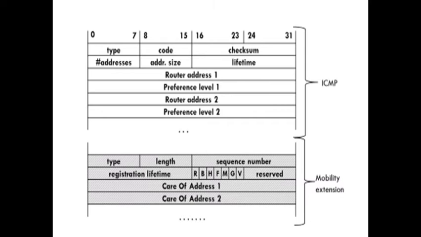In this mobility extension, again we will have some fields like type, length, sequence number, registration lifetime, and a few flag letters R, B, H, F, M, G, V. You may also get R and T in other diagrams. The other fields are reserved, care-of address 1, care-of address 2. Okay, this is for the mobility extension.